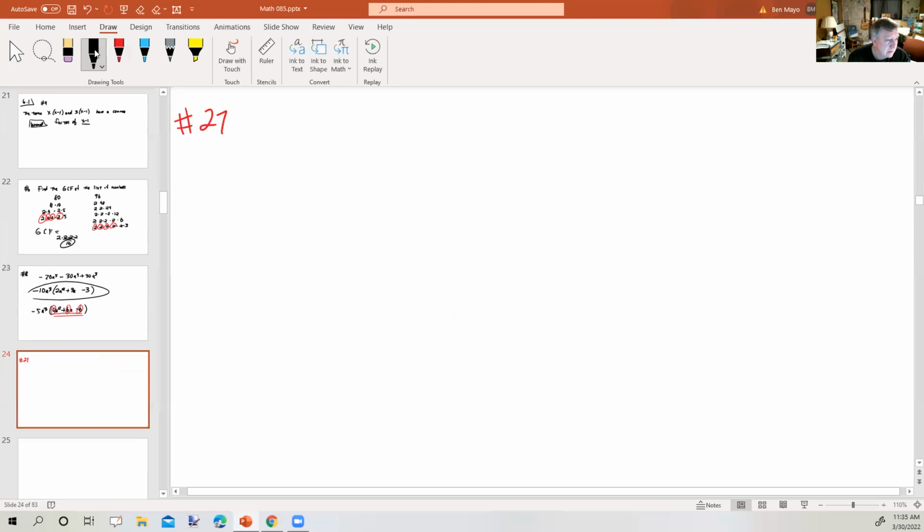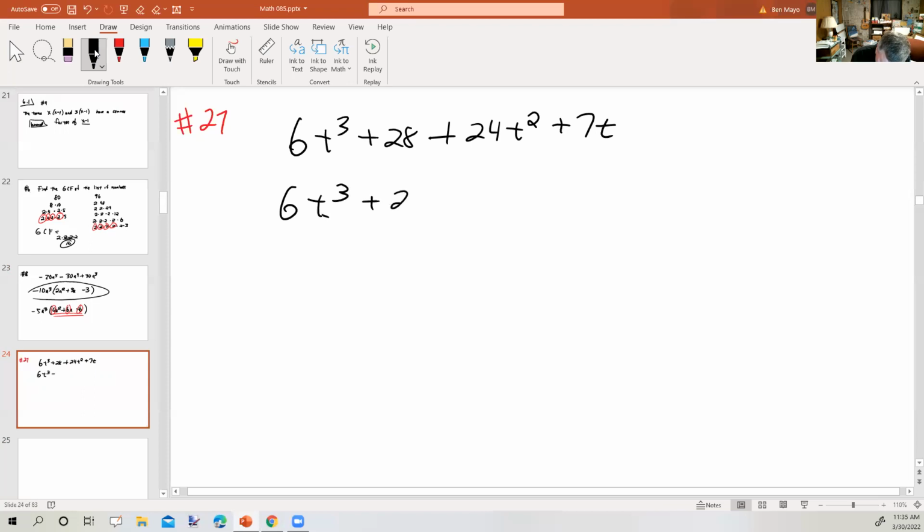Factor by grouping. 6t cubed plus 28 plus 24t squared plus 7t. The key to this problem is to put them in descending order by the variable before doing anything else. Now, there is no greatest common factor except for one, so we'll look for grouping.